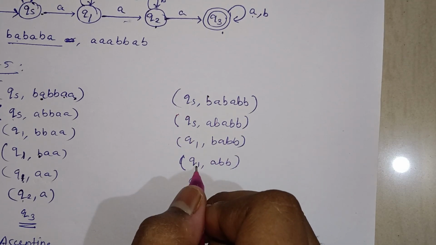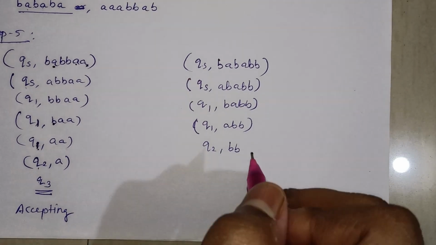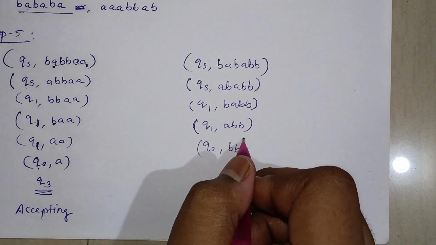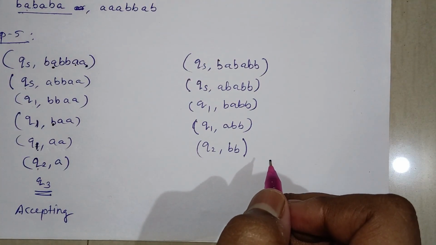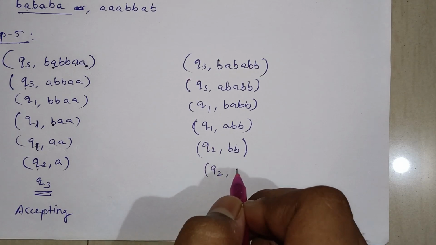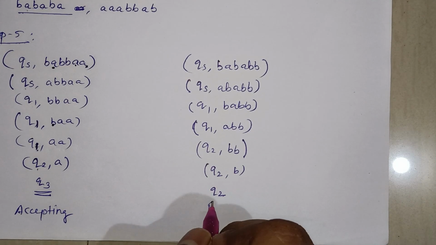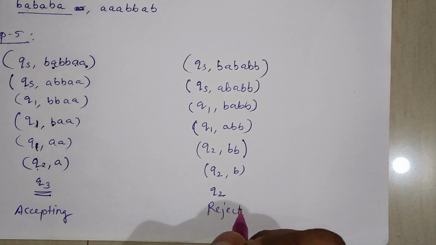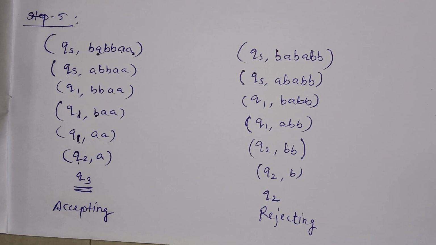Q1 receives a, it goes to Q2, b b. Q2 on b stays the same, Q2, means it is rejecting. This way you can solve this example.